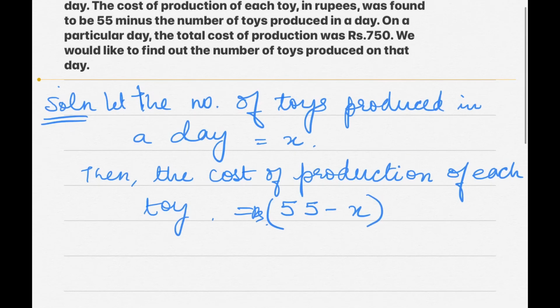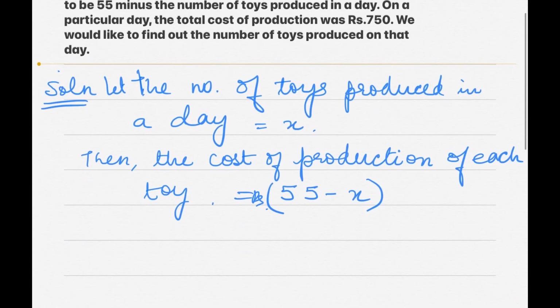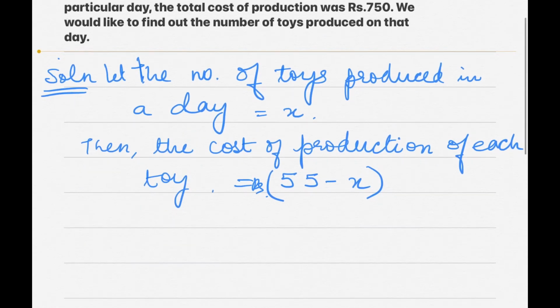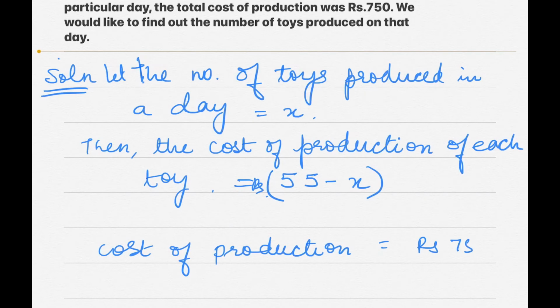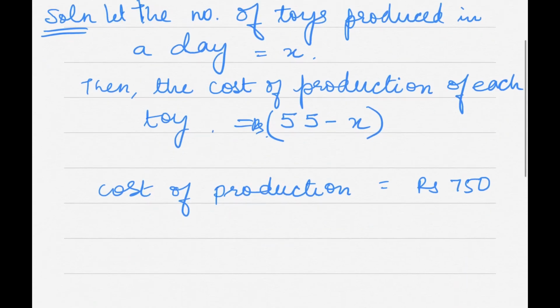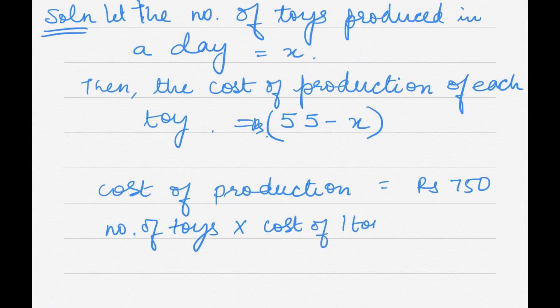Now they say that on a particular day the cost of production was rupees 750, right? So the total cost of production would come out to be the number of toys times the cost of production of one toy, that is equal to 750.